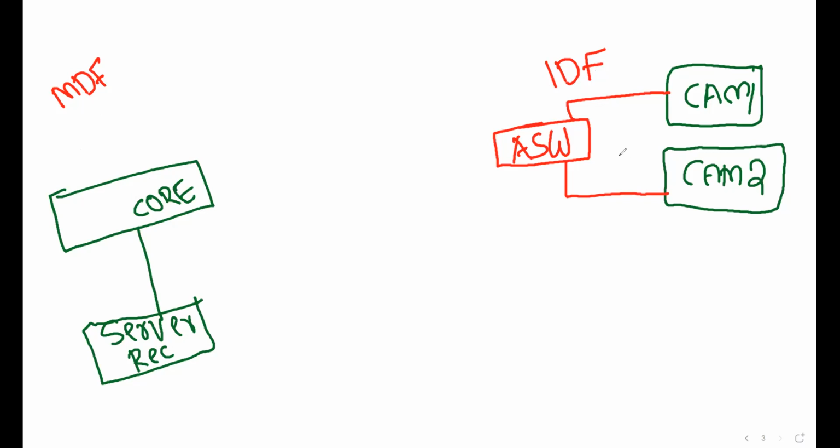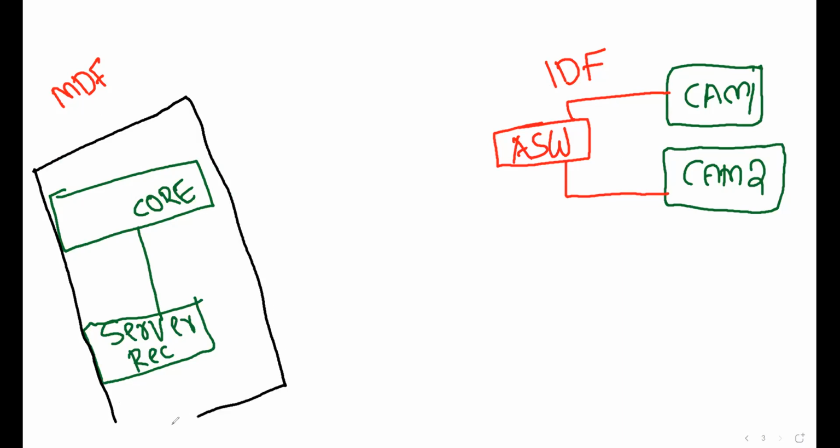Now we need to connect between them. So generally, the core switch will be located in a specific rack. We call that a rack. So for example, I'm going to name it MDF R1. This is the rack name.